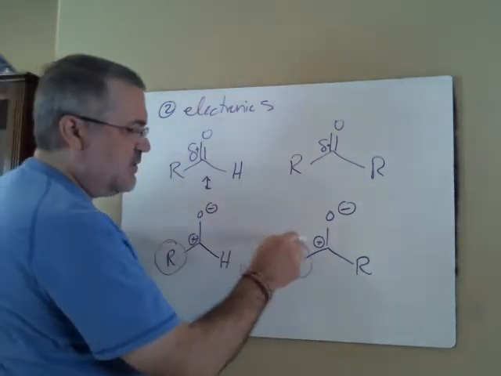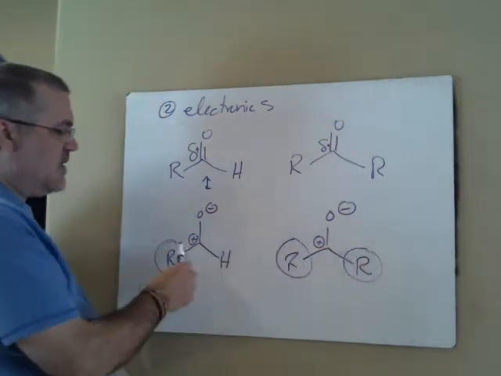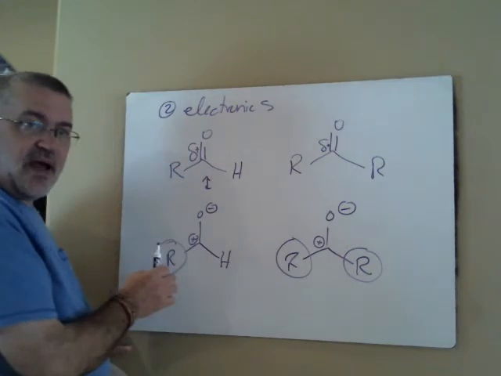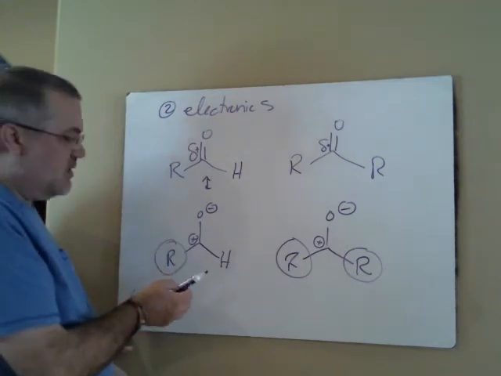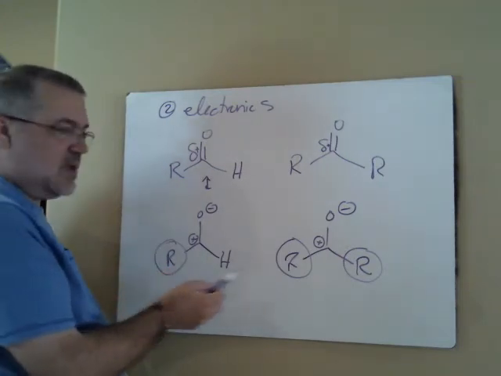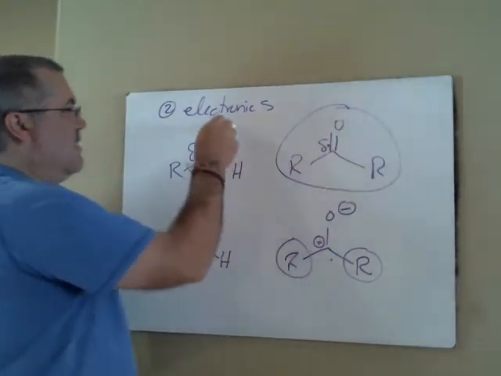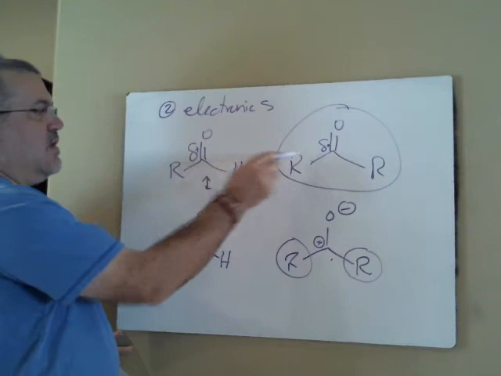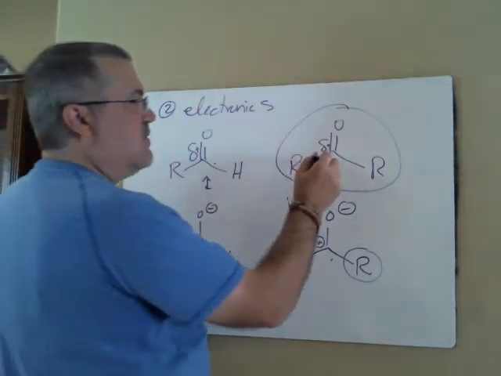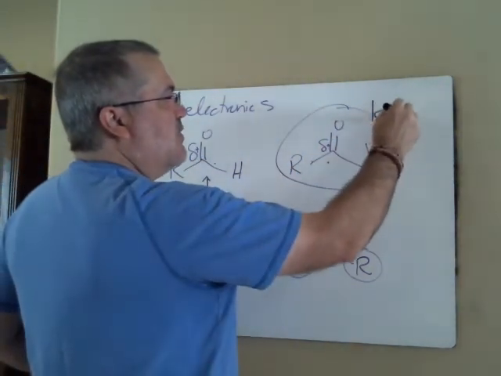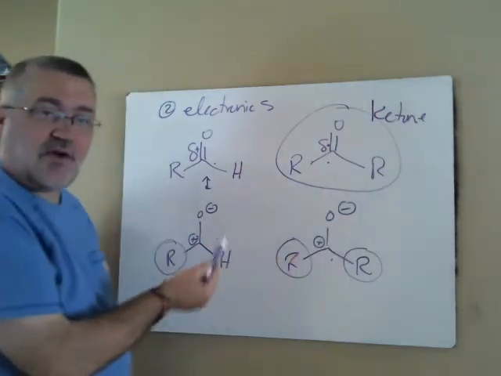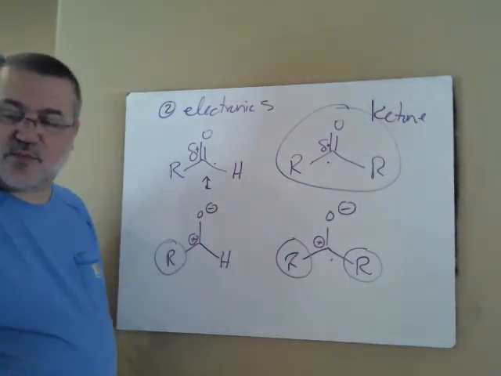This one has two. So which of these carbocations is more stable? This one is. So that means that this is more stable than this. And if this ketone is more stable, then that means the starting material of the reaction is more stable.